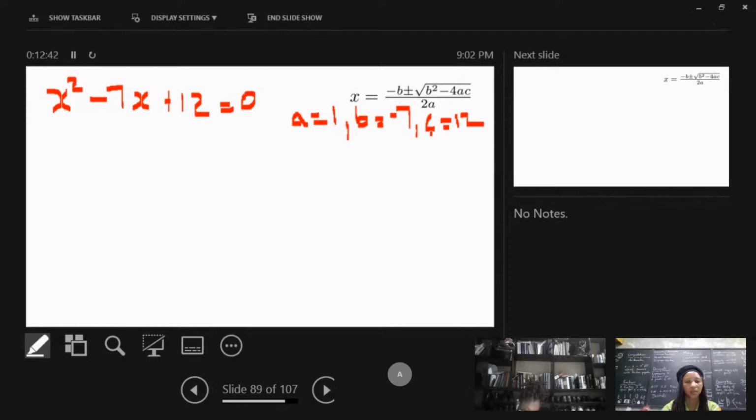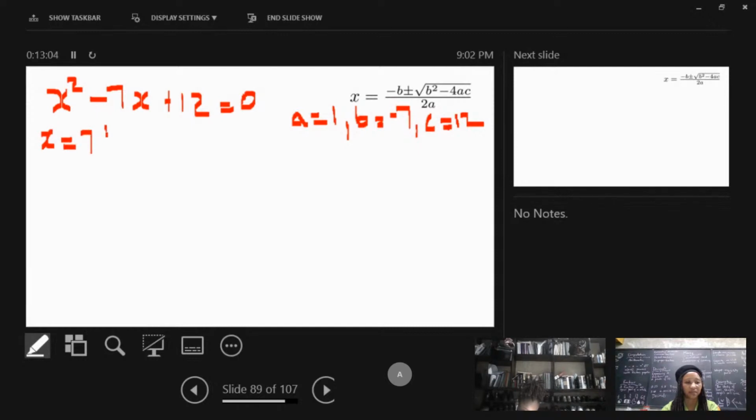So x is equal to negative b, so negative negative 7, which is a positive 7, right? Yes.